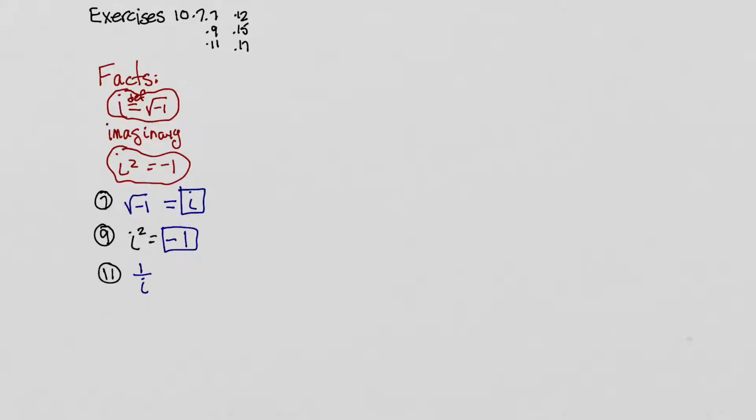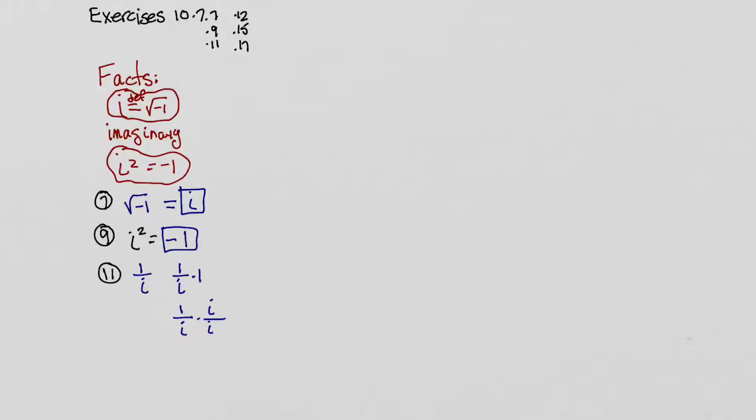So let's look at this one. This is 1 over i, and here's how we're going to do this. You remember a couple of sections ago when we were talking about rationalizing denominators that had radicals, and we multiplied the top and bottom by the same thing, which is multiplying by 1. So we're going to do the same type of thing here. Let's write 1 over i. We're going to multiply by 1, but the one that we're going to choose is i over i.